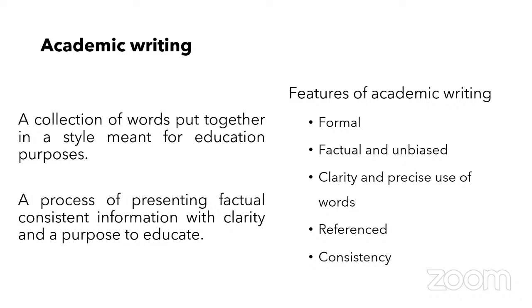So when we say academic writing, basically when you say a writing, it's just a writing, it's a combination of words. And when you put words together, you form a sentence. When you have multiple sentences, you'll be writing a paragraph.